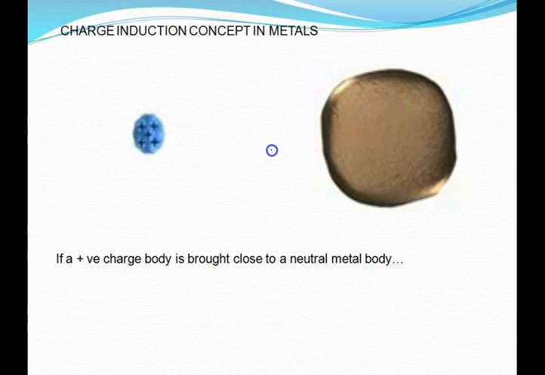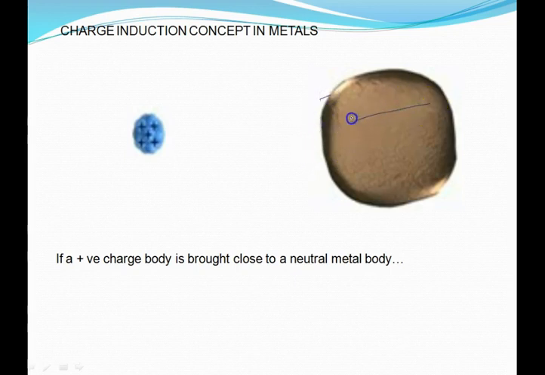Now I am discussing the charge induction concept in metal bodies. Just think, as I have shown here, if a positively charged body is brought close to a neutral body, what will happen? This body is a neutral body. Of course there are plenty of free electrons in this body and they can move freely. Now if a positively charged body is brought close to it, this positive charge body will attract the negative charge, like this.